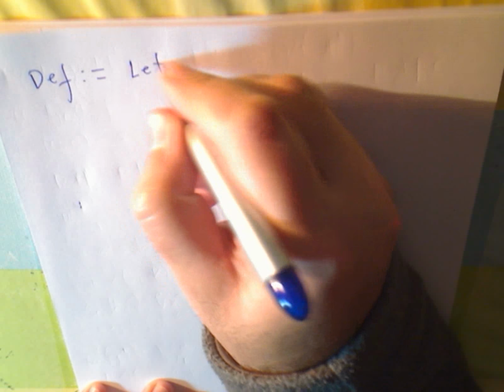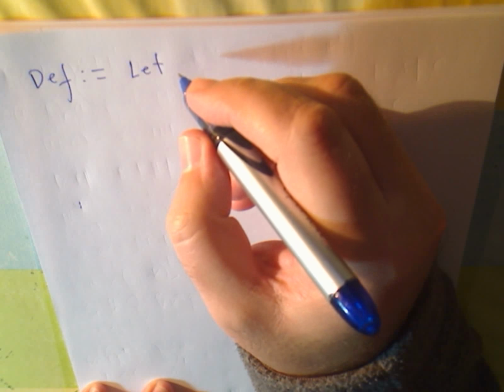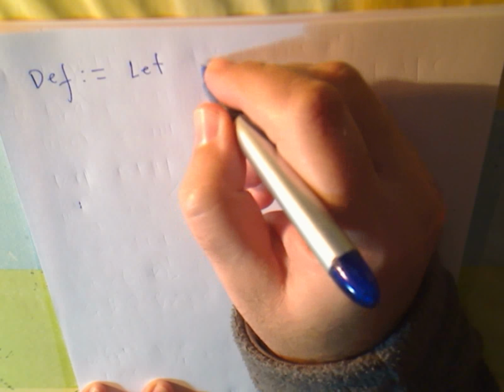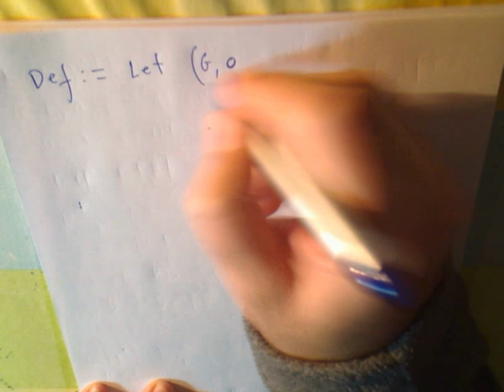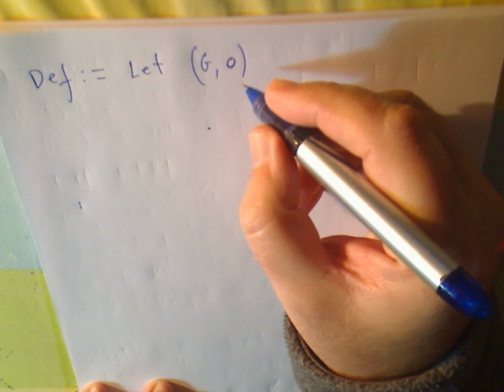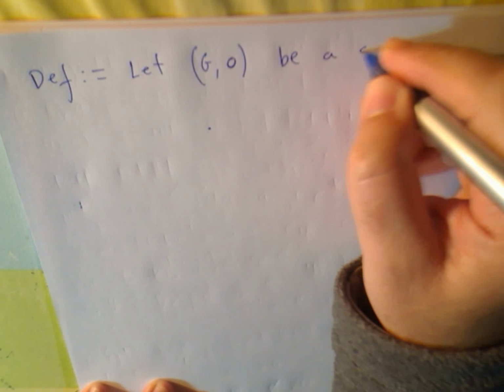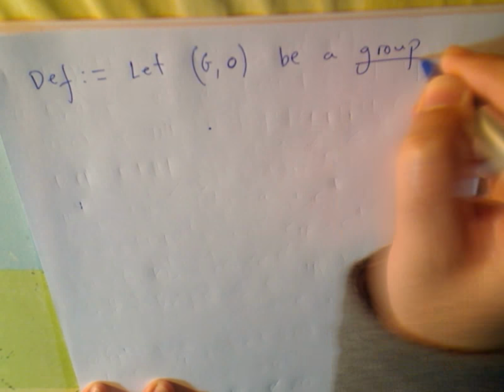Okay, so we begin with a definition. Let G and this operation be a group.